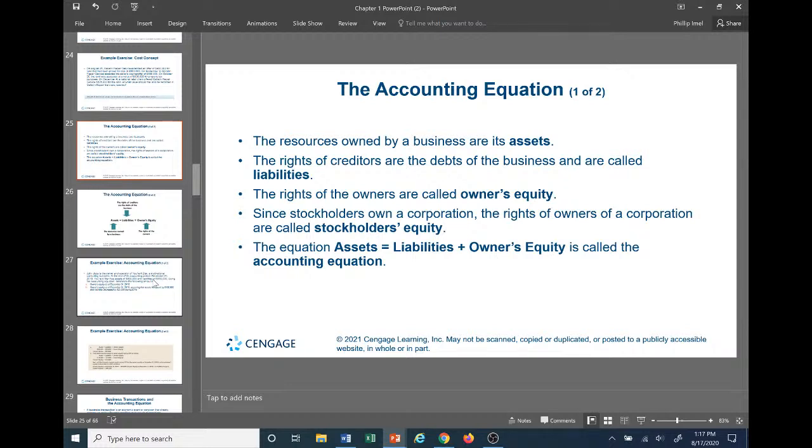Once again, the accounting equation is assets equals liabilities plus owner's equity. Recall, assets are resources owned by a business. Liabilities are those obligations that we have to meet, that we have to pay out or resolve by delivering services. And owner's equity is the rights of the owners. Basic: assets equals liabilities plus owner's equity.